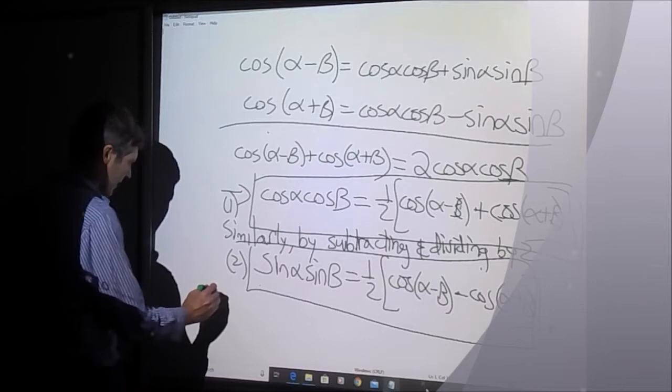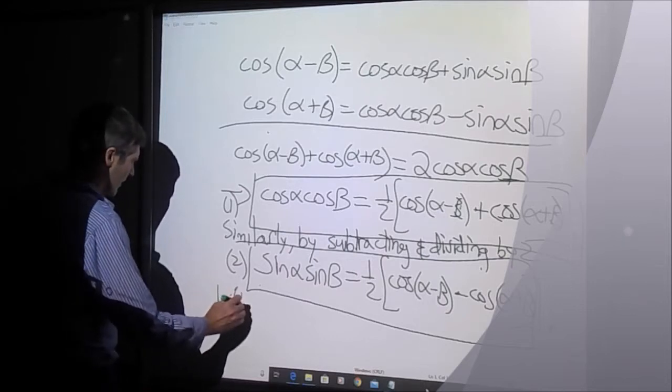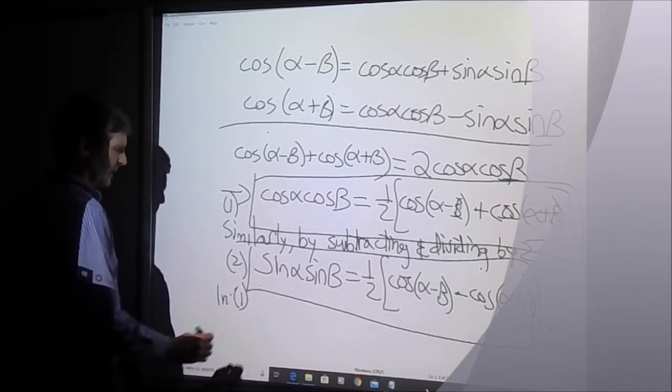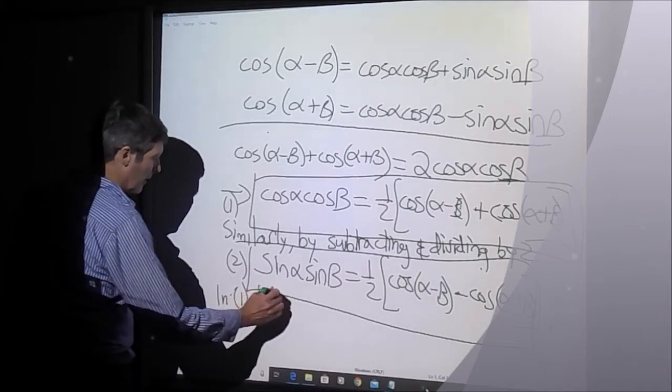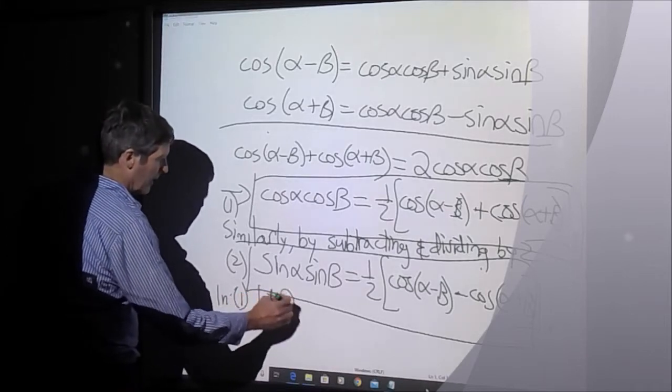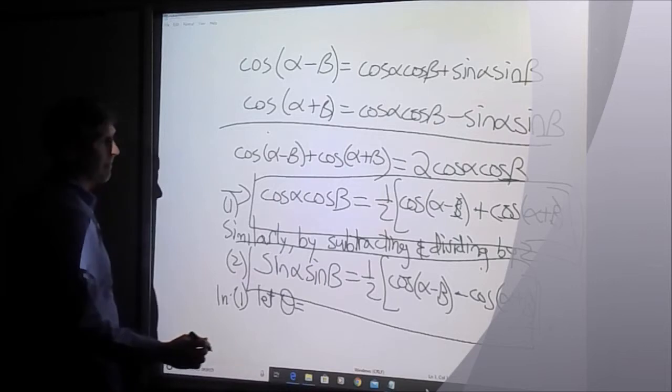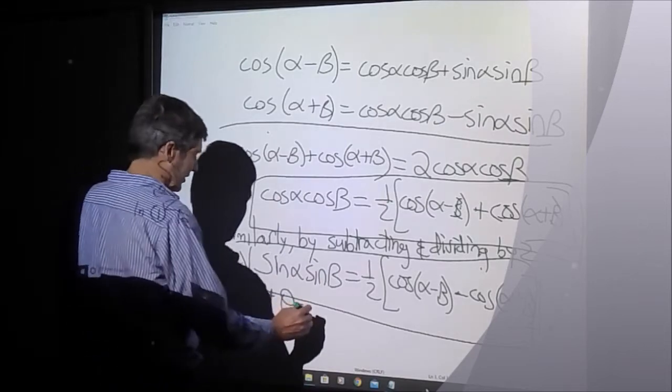In one, let's put theta equals alpha minus beta.